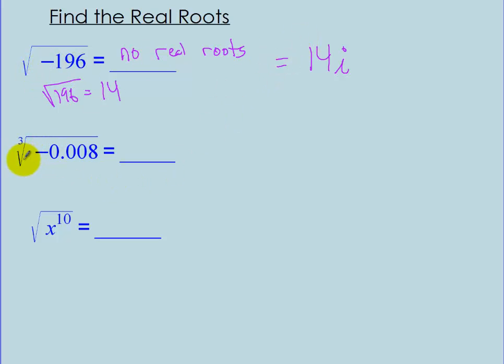This next one is the cube root of negative 8 thousandths. You might say, well, it's negative, so there are no real roots. But when you have an odd root, you actually do have a root, and the answer is negative 2/10.